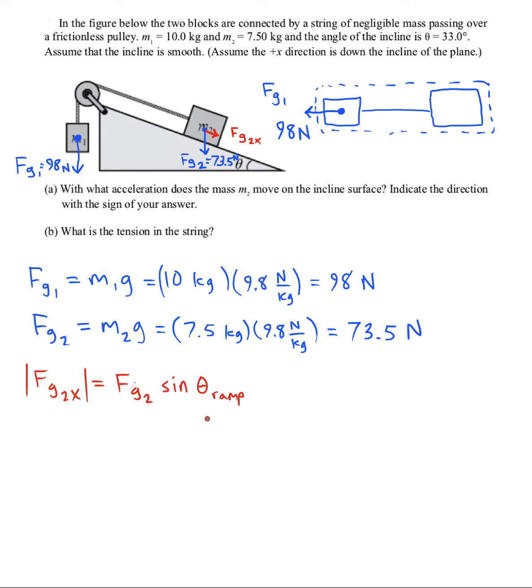That's how we had done it before. Okay, so let's plug in. Fg2 is 73.5 newtons. And then we'll do a sine of 33 degrees. That's 40 newtons.